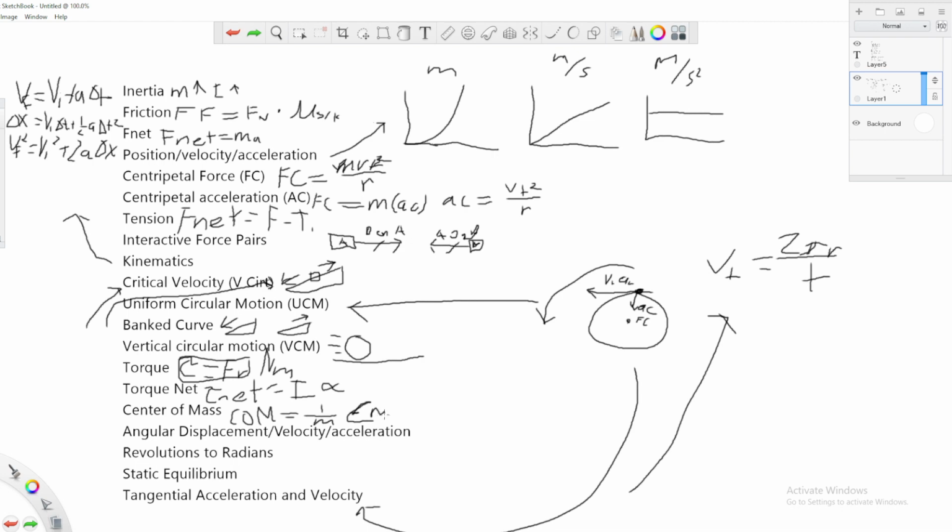So you multiply all your masses and distances together, and you divide it by your total mass, and you do that for the x and the y to find your coordinate.